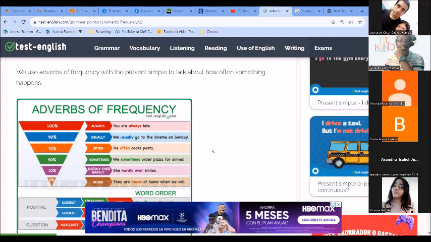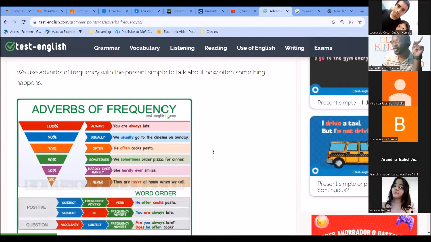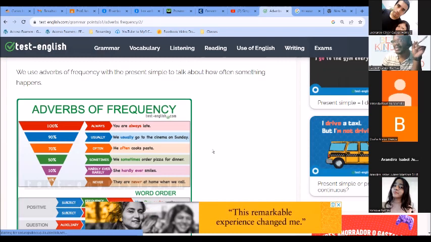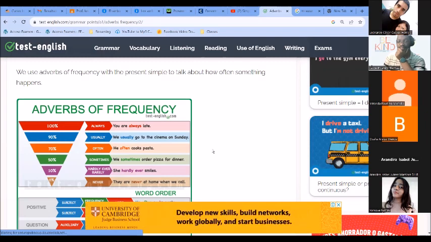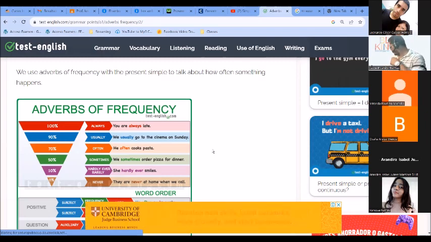Listen to the question and respond using your frequency adverb. Listen carefully. Do you always sleep at home? What did you understand?